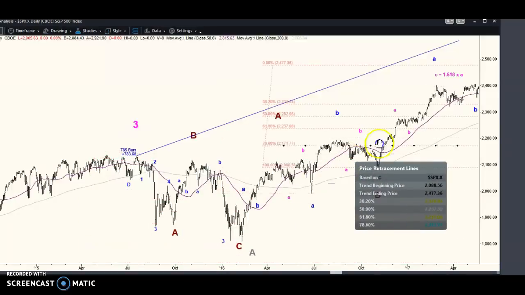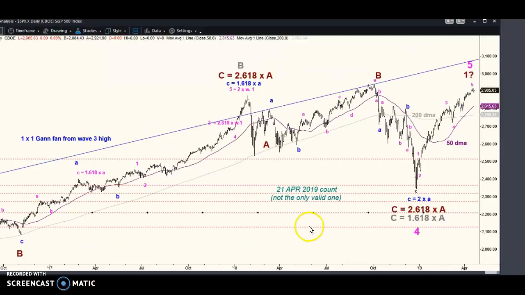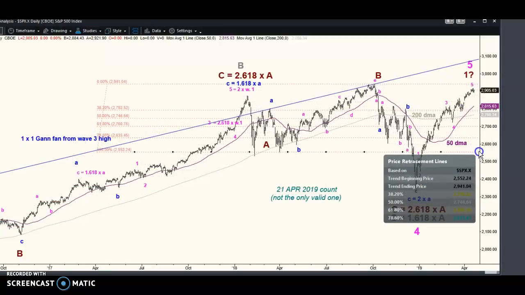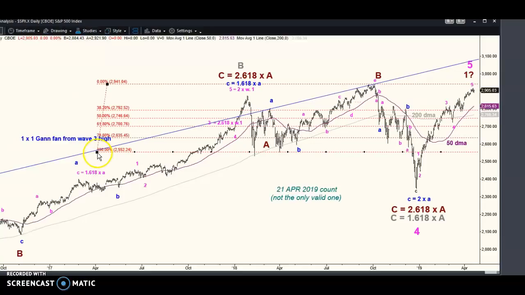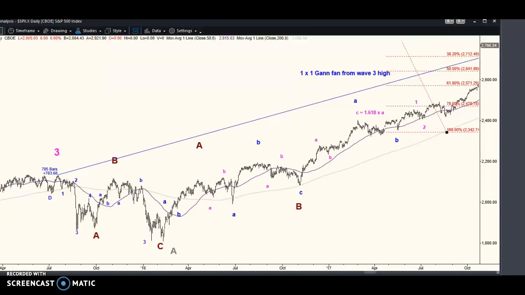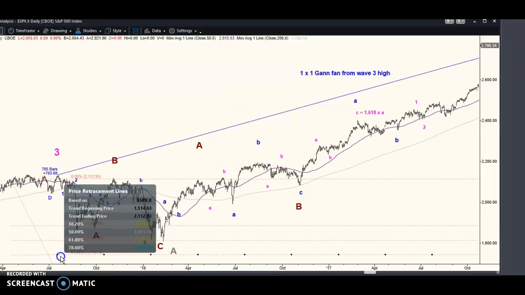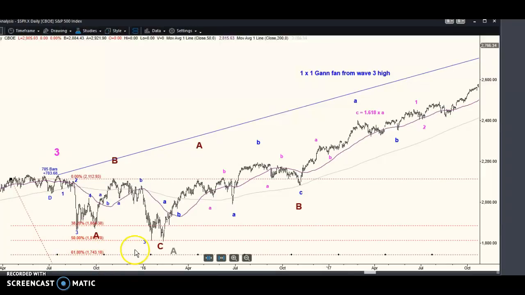And then we do wave C. Take the height of C. Come back to A. I mean, that's right on the 50%.